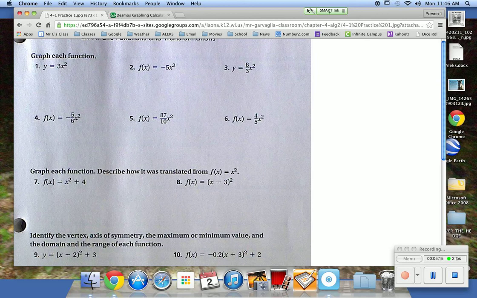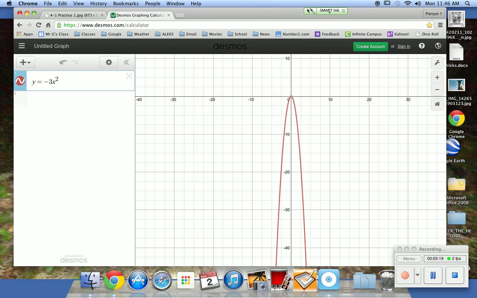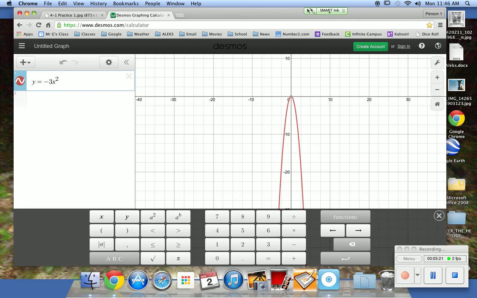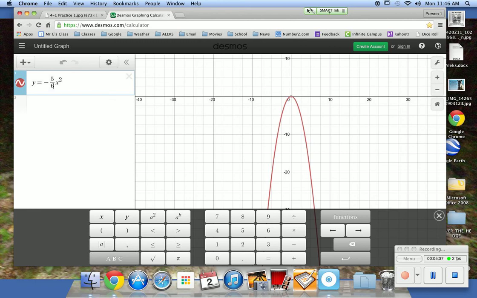What happens when we put a fraction in here? If we put a number into it and it gets narrower, when we put a fraction into it, it's going to get wider. It starts to widen out.